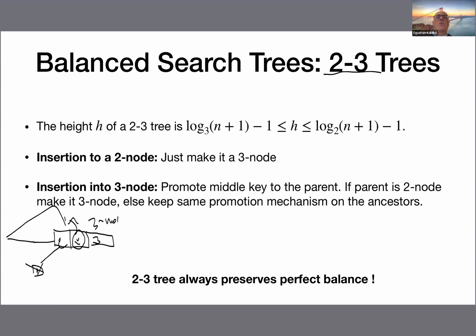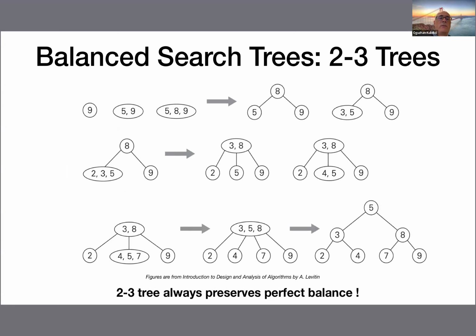It is good, but once I promote this to the parent, if it is also a 3 node, there might be some problems, and then I need to keep this promotion until the root node. It would be a lot more clear with an example.